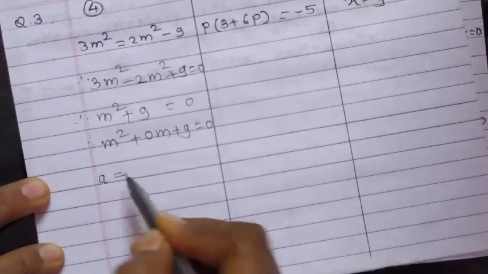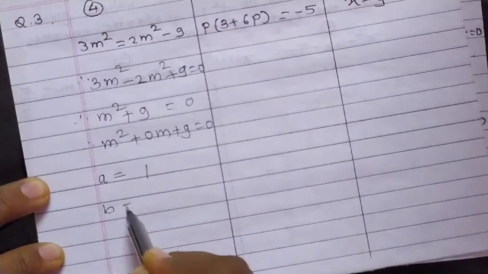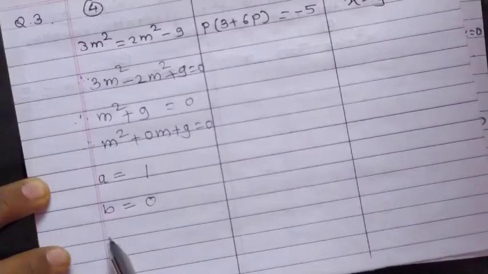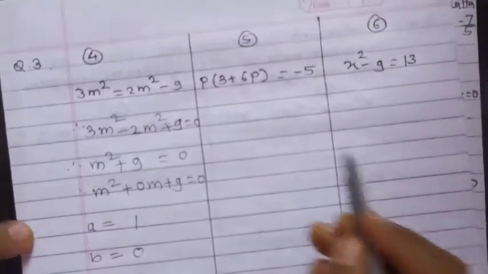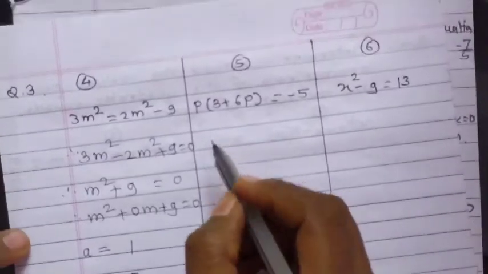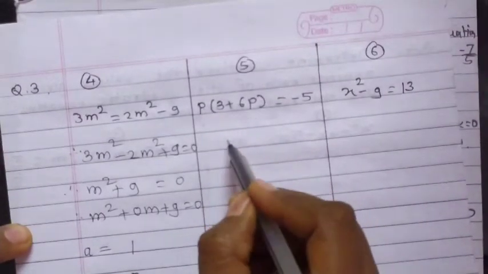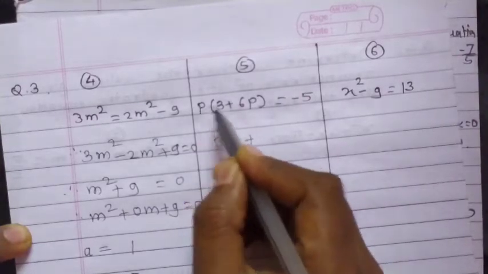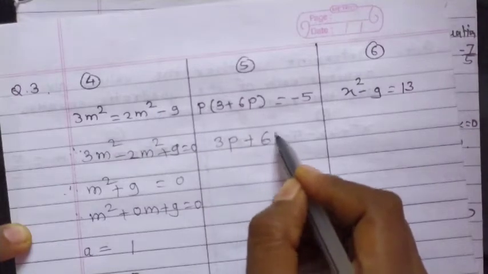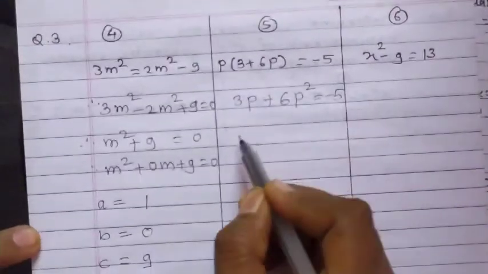Here a is the coefficient of the first term, that is 1, b is the coefficient of the middle term, that is 0, and c is the constant term, that is 9. In the fifth example, 3 multiply p to this bracket, that is 3p, plus p into 6p, that is 6p square, equal to minus 5.